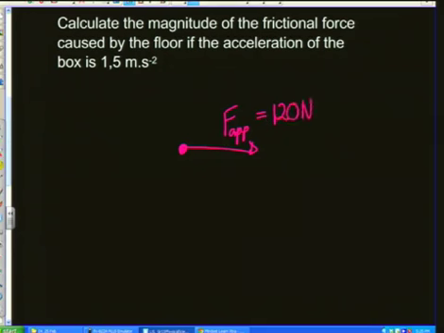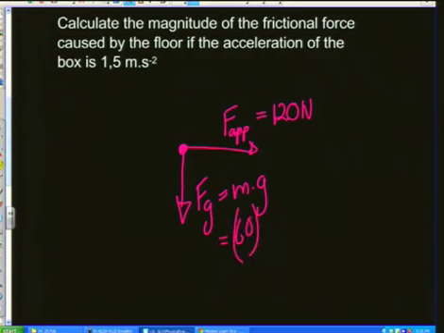Then the other force that I know is definitely exerted is the force due to gravity. This is Fg, which is equal to the mass of the box times the acceleration due to gravity, mg. And we can work it out. It's 60 kilograms times 9.8.